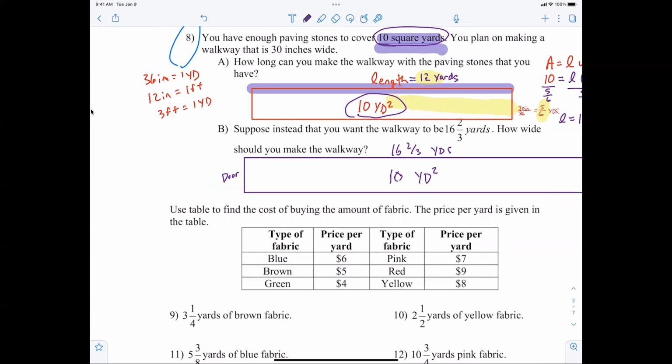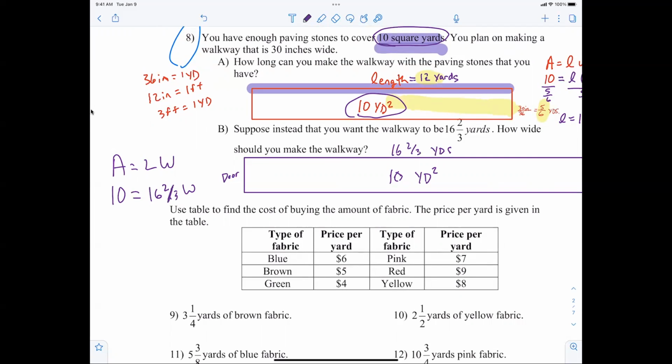The area. So what formula should come to your mind? Area equals length times width. What is my area? 10. What's my length? 16 2/3. My width is unknown.